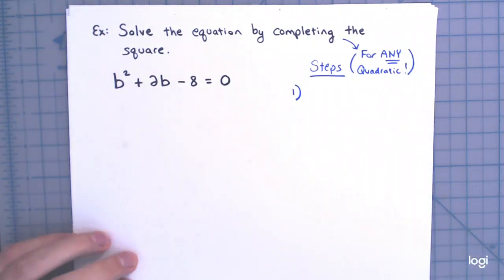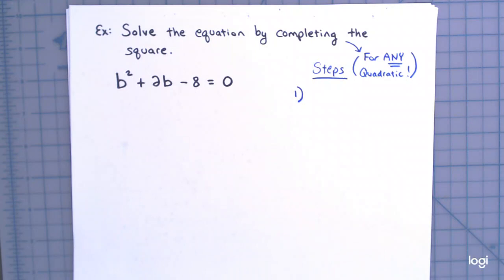Yes, there are some you could solve by factoring or by the square root property. We're going to eventually use the square root property. That's the whole point of completing the square here, as we're going to see in a second.